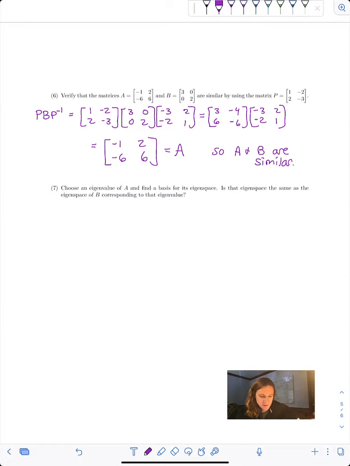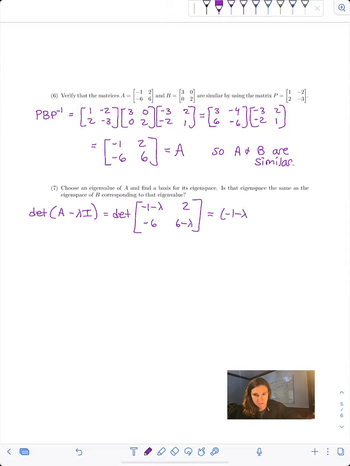So let's find the eigenvalues for A. Remember we take the determinant of A minus lambda I, and that's basically subtracting lambda from the diagonal entries. And so we wind up getting (-1 minus lambda) times (6 minus lambda) minus (-6 times 2) has to equal 0.